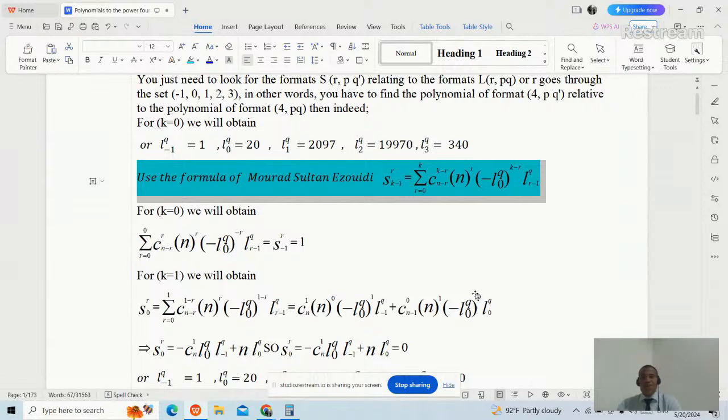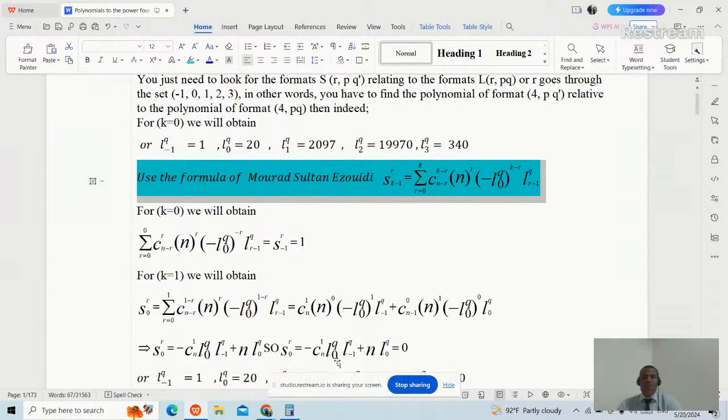Okay, so this one you can see is 1. This one will be 1 also. So n minus 1 over the Q is 1. I will just write this as minus n choose 1 times L0 of order Q times n minus 1 of order Q, plus n times L0 of order Q. So the combination n choose 1 is n, and this is also n, and they are opposite, negative numbers, okay.